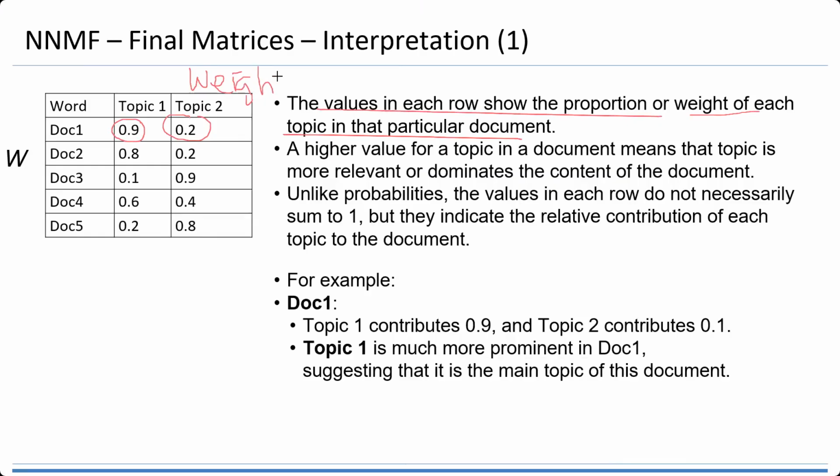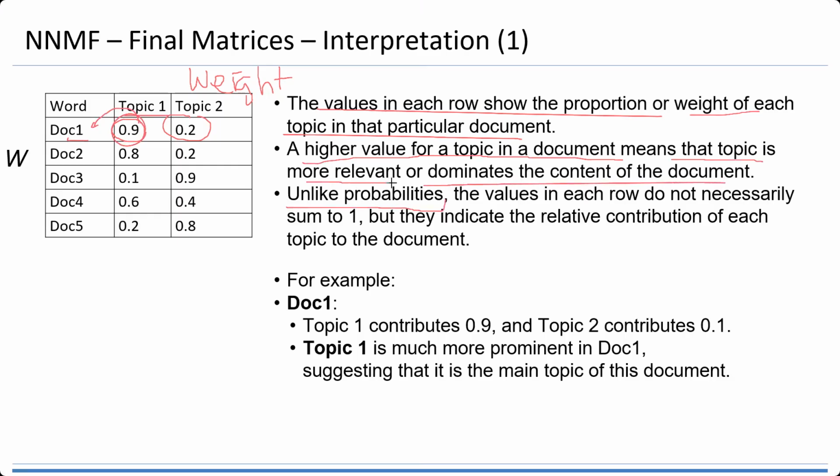It is not probability. If the weight is high, then the document is most likely in that topic. A higher value for a topic in the document means the topic is more relevant or dominates the content of the document.